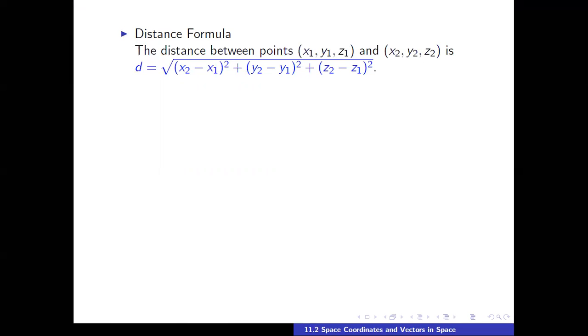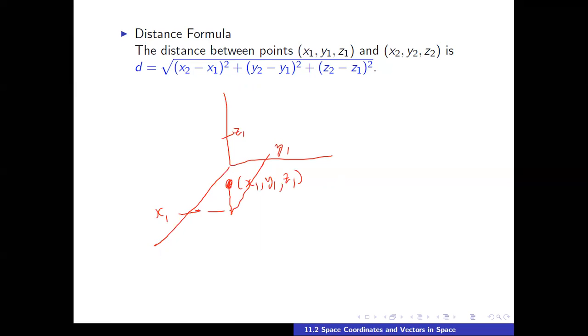So it's kind of like this. Here, let me try to draw a picture, okay? So suppose this is x1, y1, z1. Okay, so this is the point x1, y1, z1.